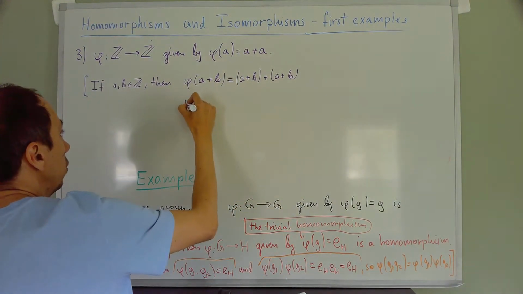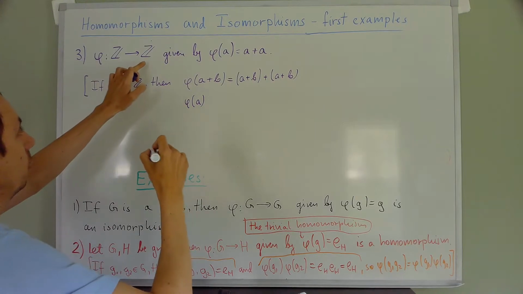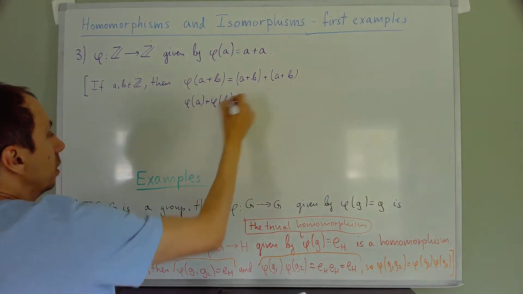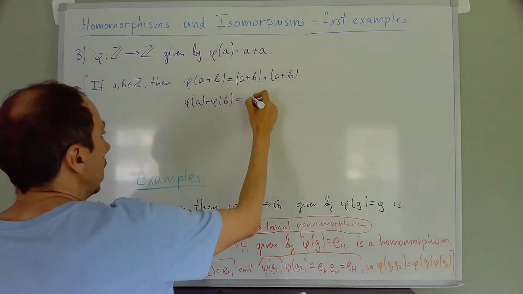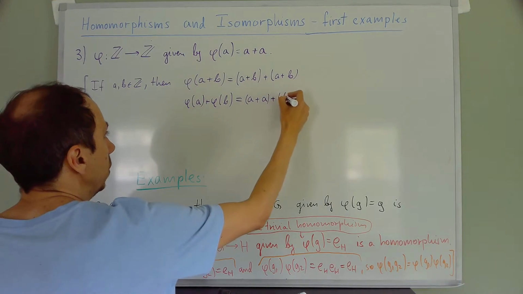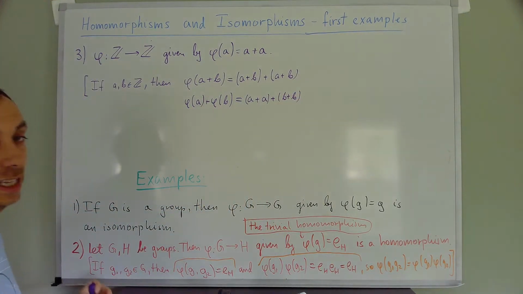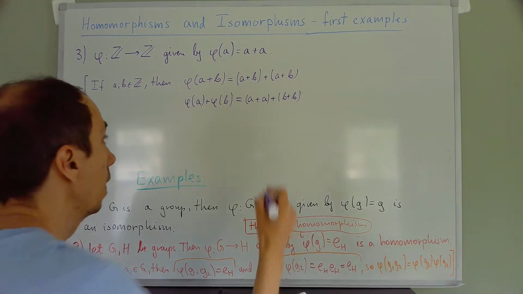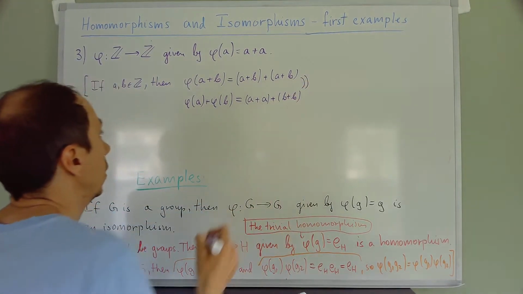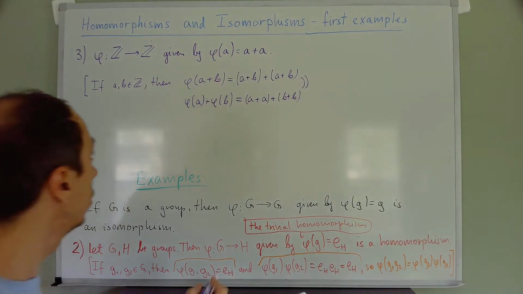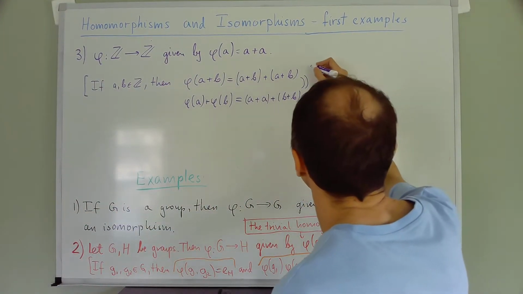And then I need to do phi of a, and what's the operation here? It's also addition, plus phi of b. What is that? Well, phi of a is a plus a, and phi of b is b plus b. This is just addition of integers here, right? So you see both of these are actually the same. So phi of a plus b is equal to phi of a plus phi of b. So phi is a homomorphism.